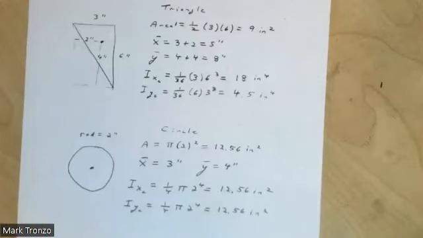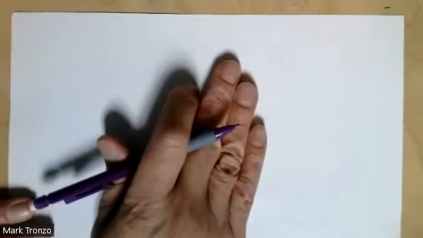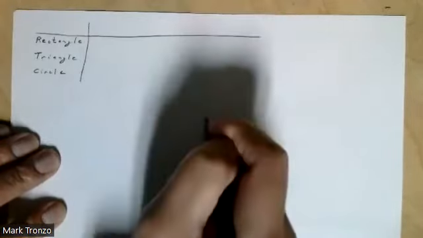So we want to find the centroid. Maybe you even want to make a little table. That could sometimes be helpful. So if you have all your objects here, let's say you have your rectangle, your triangle, and your circle, and the area of each one.